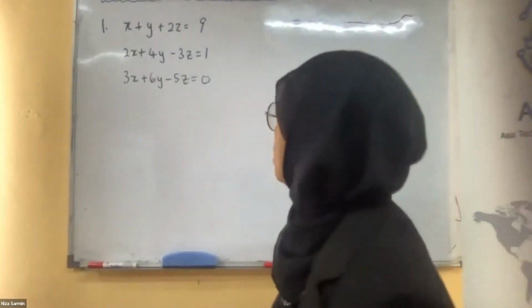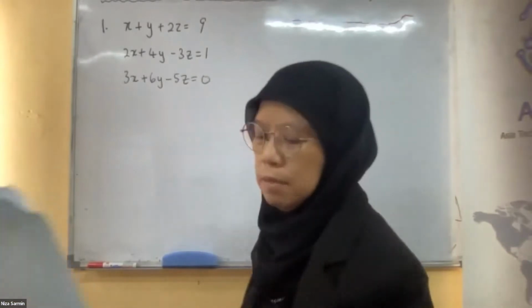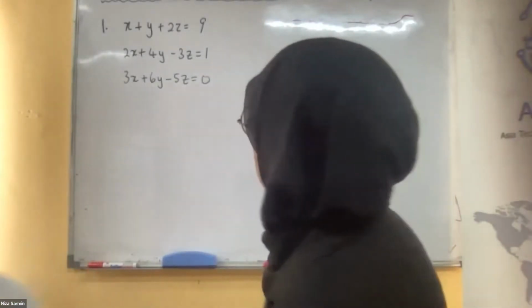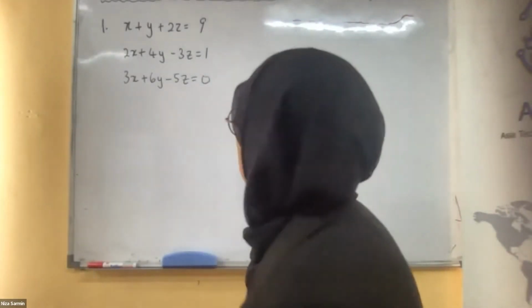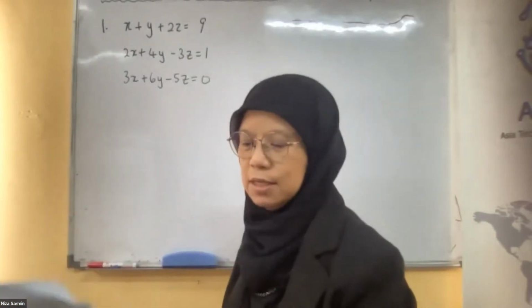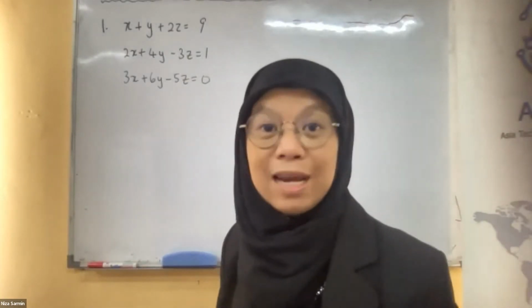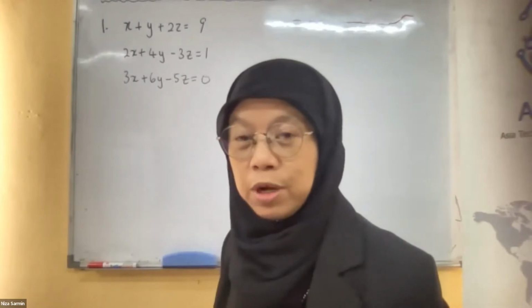X plus y plus 2z is 9. 2x plus 4y minus 3z is 1. 3x plus 6y minus 5z is 0. So we want to use Cramer's rule. Yeah, we want to use Cramer's rule.